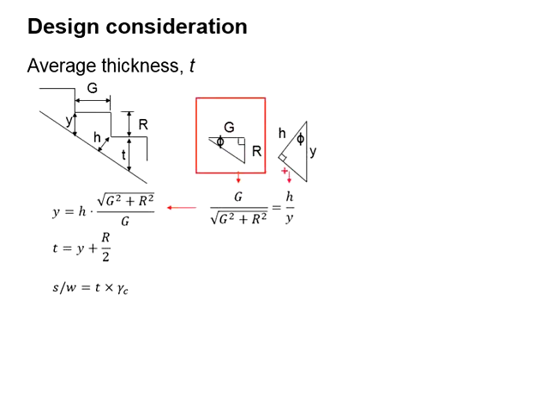It gives you a triangle with an angle phi here. This forms a typical right angle triangle.